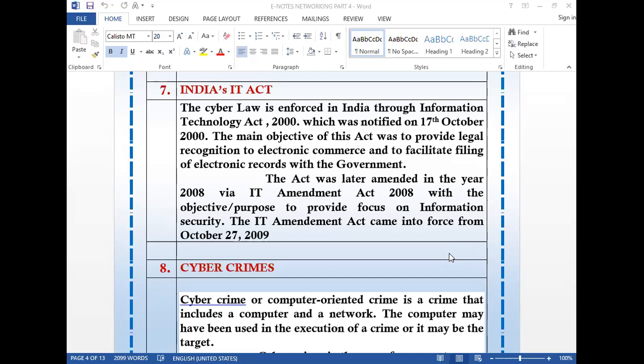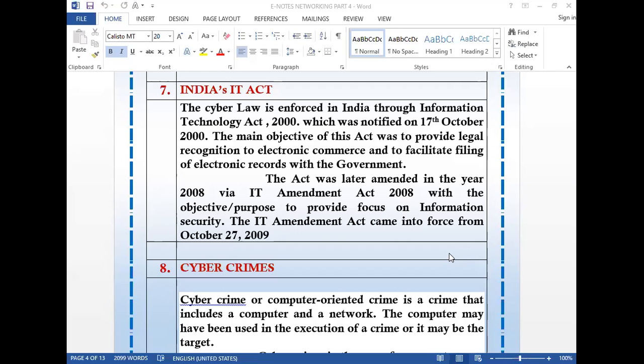Now, what actually was the main goal behind creating this act? Beta, the main goal of the IT Act was to promote e-commerce. What is e-commerce? The online shopping, the online trading, the buying and selling of goods online.